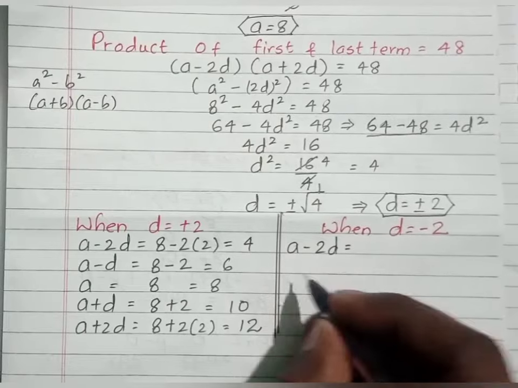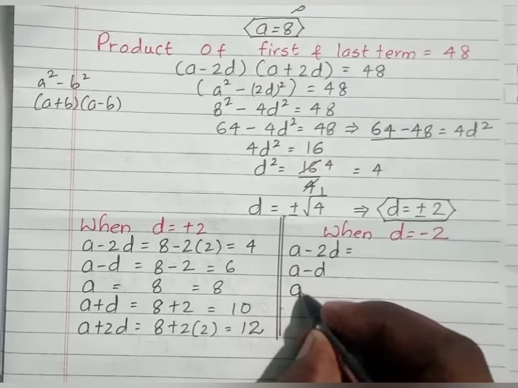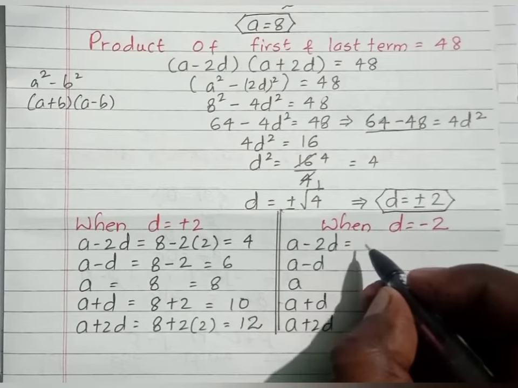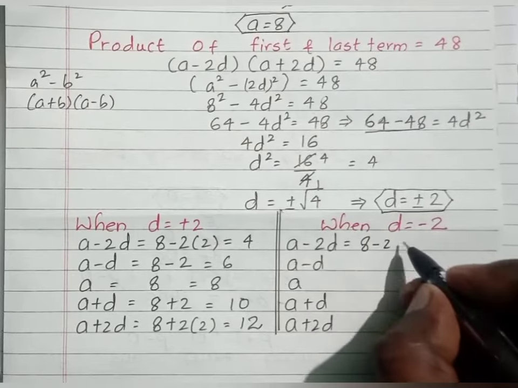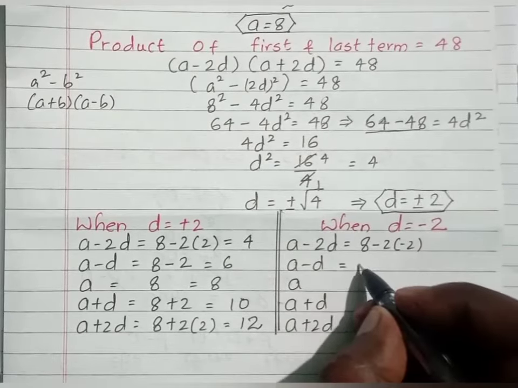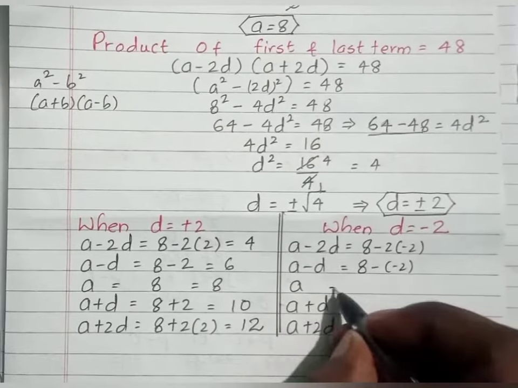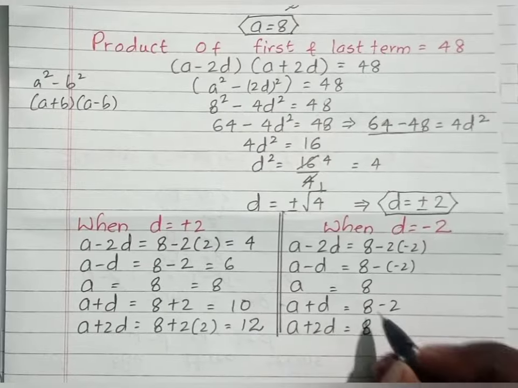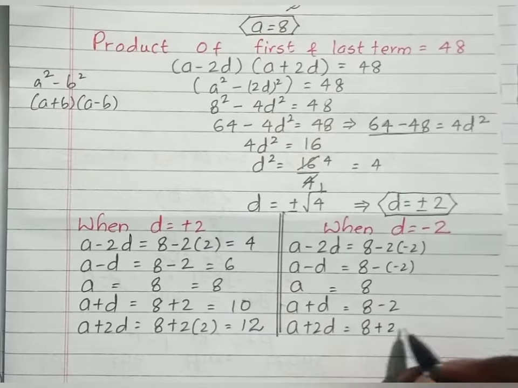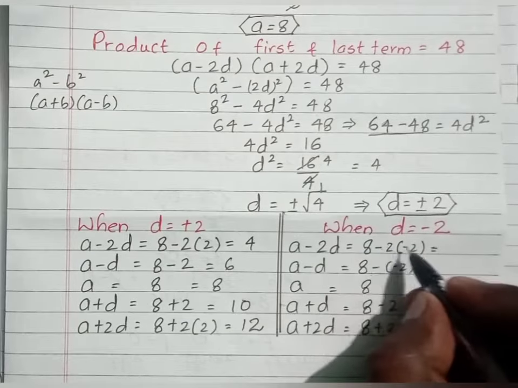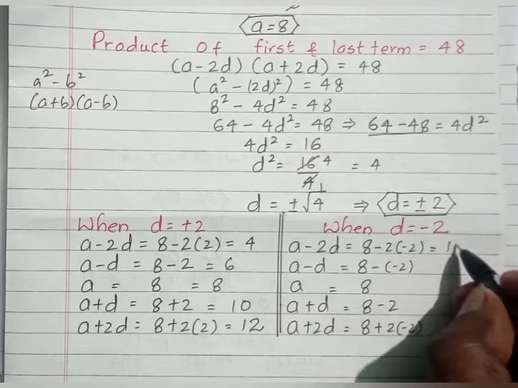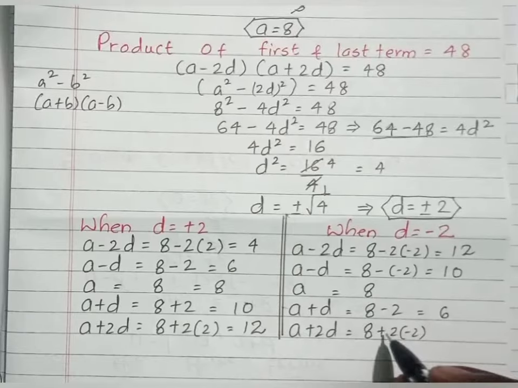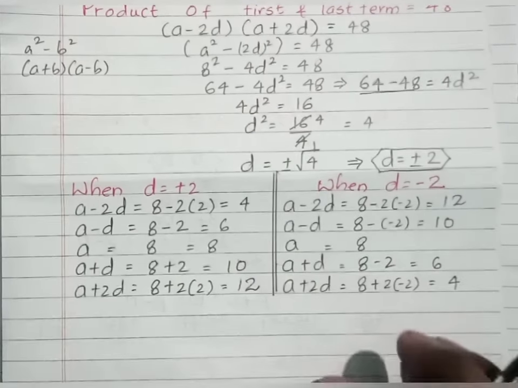So the assumed terms are a minus 2d, a minus d, a plus d and a plus 2d. Now 8 minus 2 into minus 2, then 8 minus of minus 2, 8 as it is, 10, 8 minus 2 plus into minus minus, 8 minus... now minus into minus plus, 2 2s are 4, 4 plus 8 is 12, then 8 plus 2 is 10, then 8 minus 2 is 6, plus into minus minus, 8 minus 4 is 4.